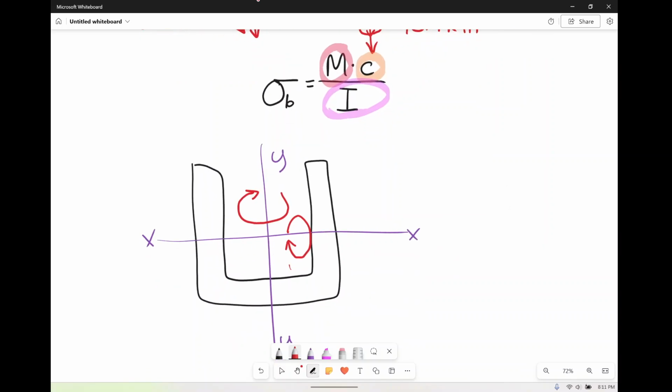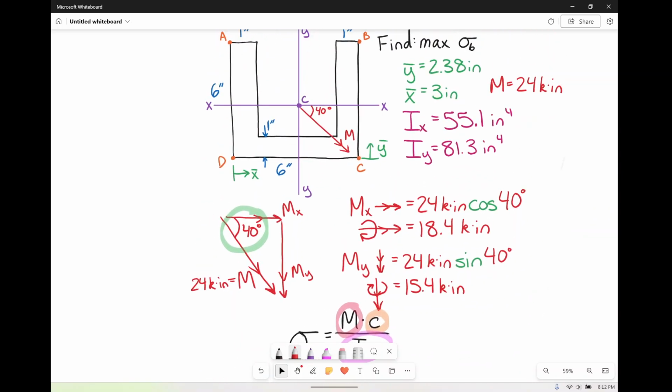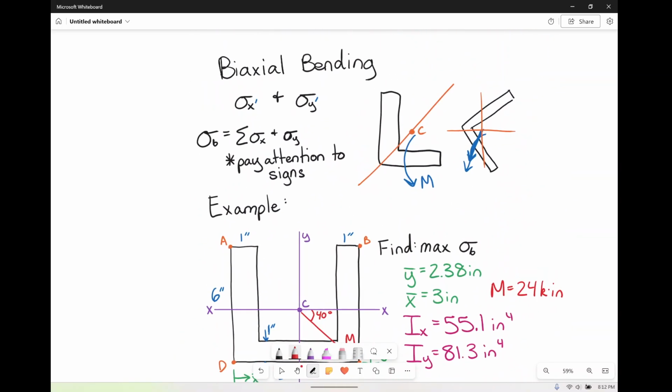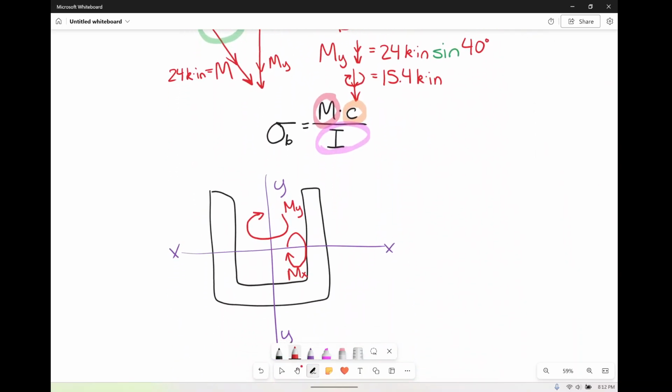So let's figure out for our bendings in the x and y directions whether or not they're going to be positive or negative, because again, to find the total, you simply have to add them together. But if one of them is positive and one of them is negative, they're kind of counteracting each other, so that's not going to give us the maximum magnitude. If we add 2 positives together, or say subtract one negative from another, then you're going to get a really big number. So we need to find which ones have matching signs.